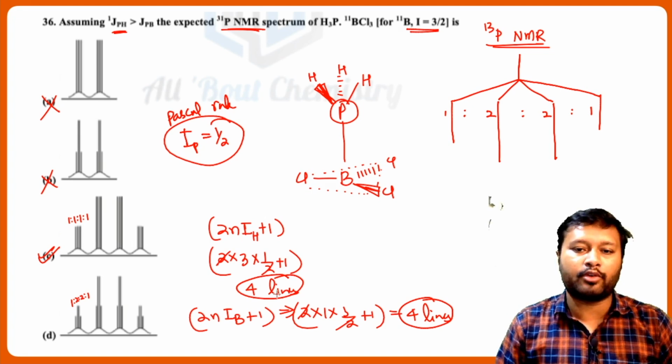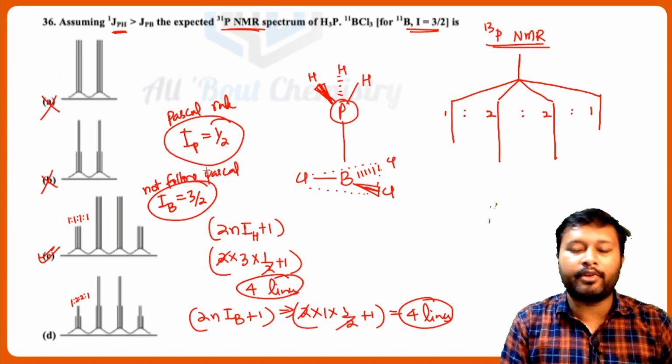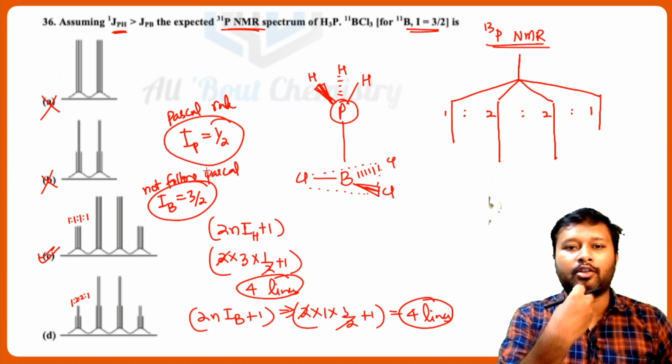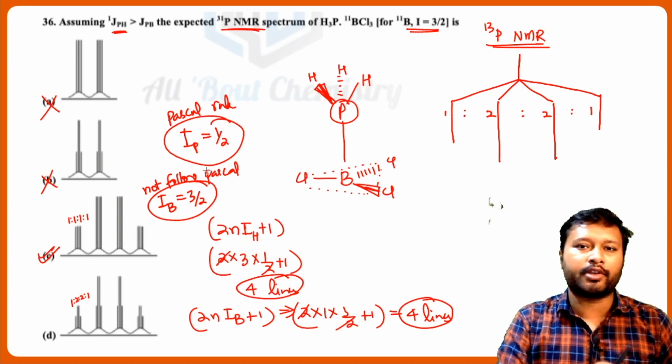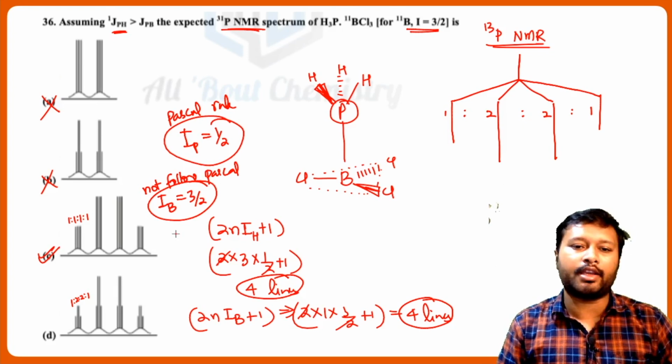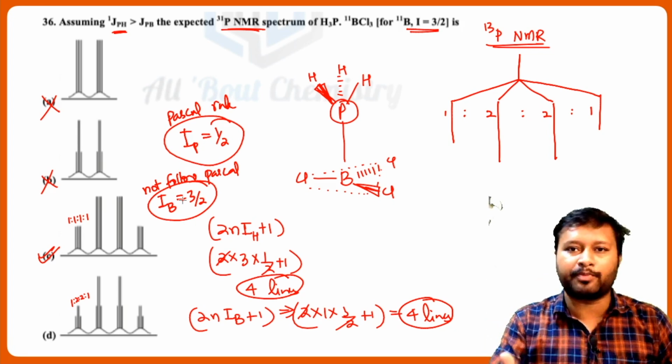So will it follow the non-Pascal rule? No, the non-Pascal rule is followed for I value 1. Whatever I told you was only for I value 1. Here we don't have I value 1 either, so this is going to be something different. Okay, so let's look at the options now.